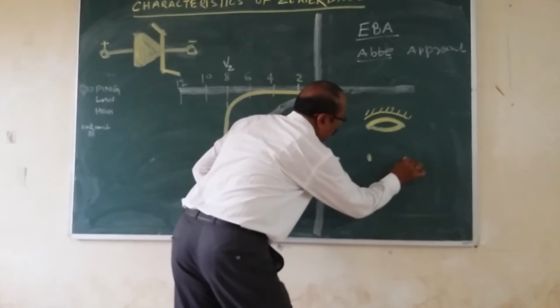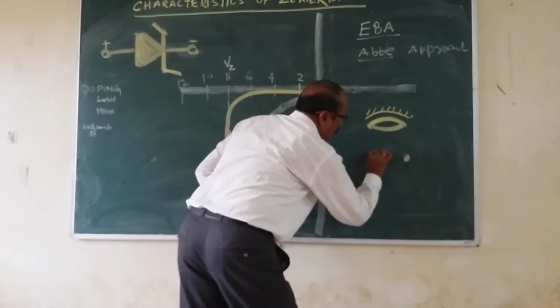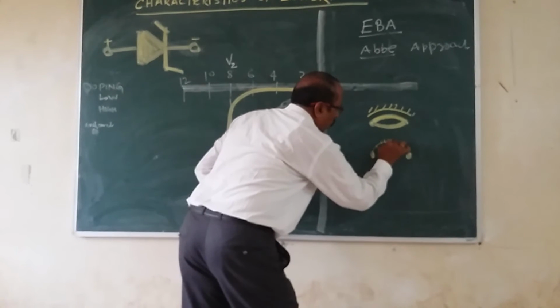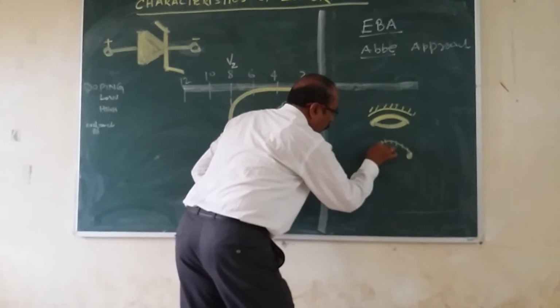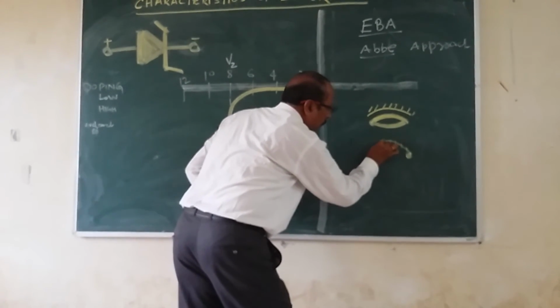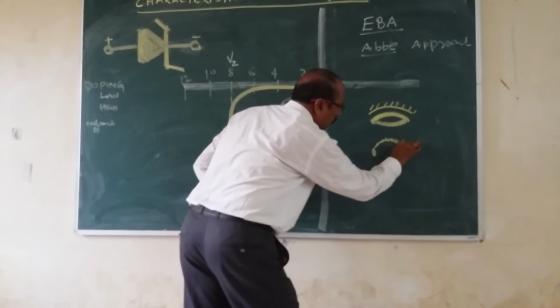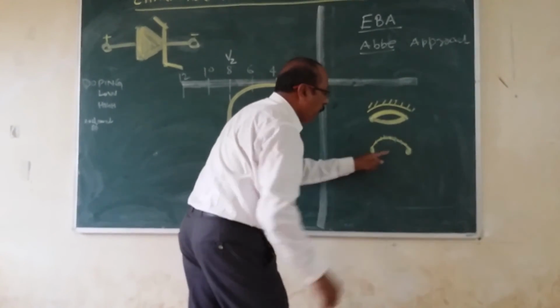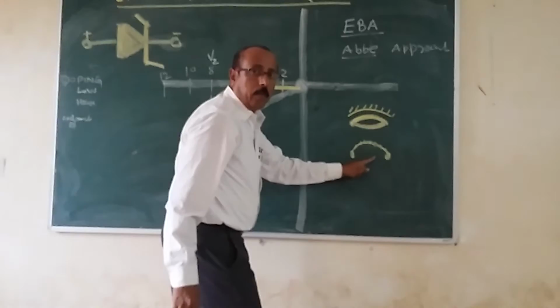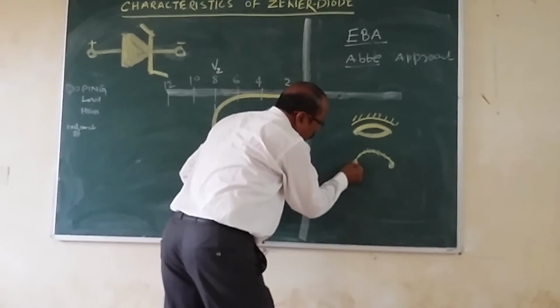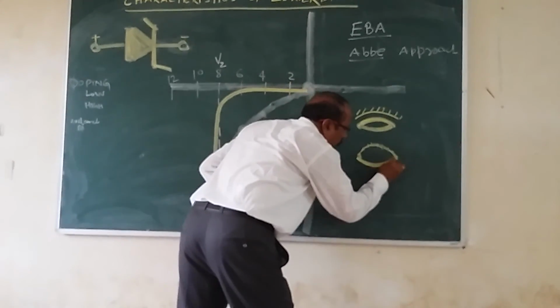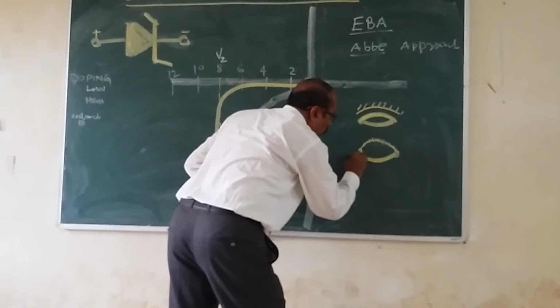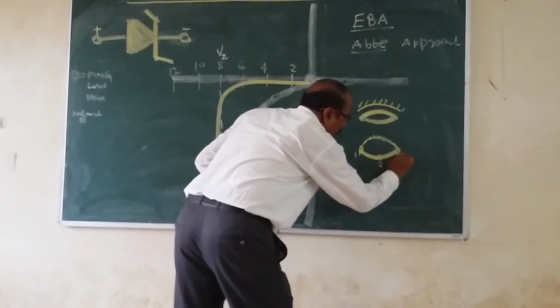Suppose here are two points, this is point 1, 2, so many points. If you make this, it is not the correct way. The correct way is this: you start, and this is the curve. You take only 3 points, 1, 2 and 3.